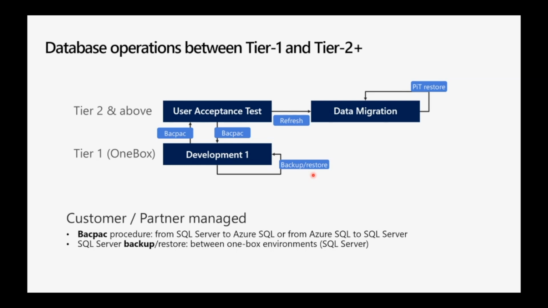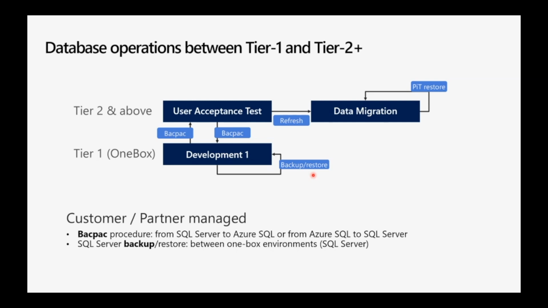Typically, I would not save it on the same tier 1 environment. I would get it either in my asset library or on premises. And then if you want to restore it, you can copy the file back to the tier 1 box and restore it from there.